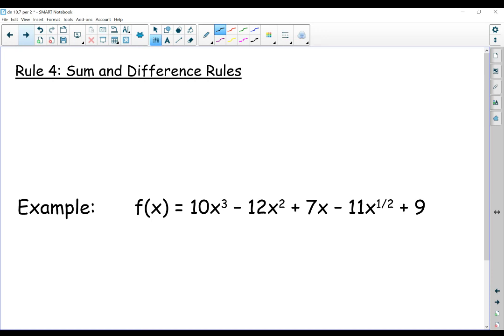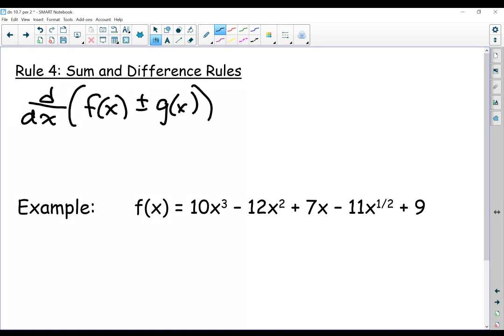Okay, so if I was going to take the derivative of two functions that are being added or subtracted, and there's a nice proof of this if you want to see in your textbook of why this works, I just think to myself, derivatives are limits, and all the properties of limits that we had are going to pretty much apply when we're taking the derivative and using rules there.